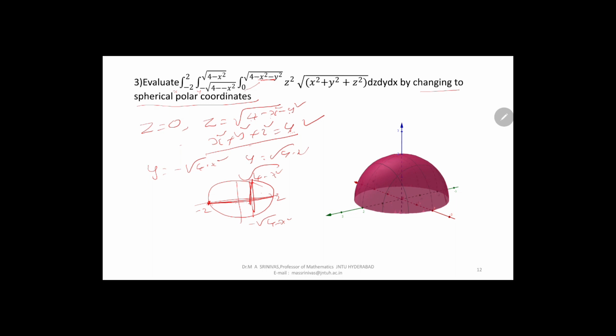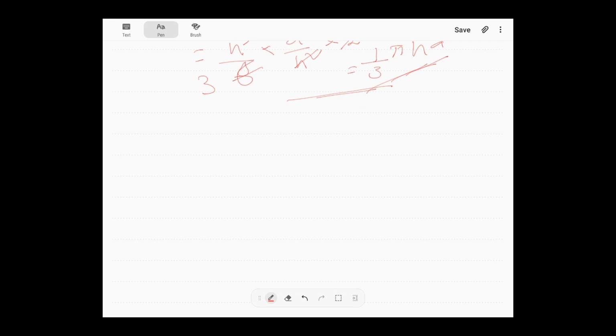So you have the set of all points inside the hemisphere. That is our conclusion from these limits. So here you have a hemisphere, this is your projection part, and z is varying here.